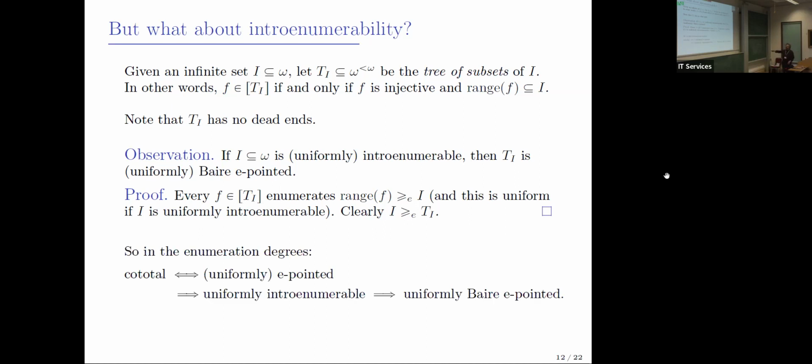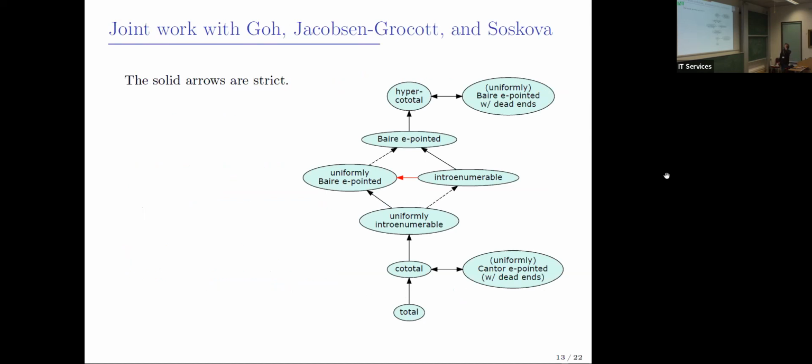So in the enumeration degrees, cototal is equivalent to uniformly e-pointed, which implies uniformly introenumerable, which implies uniformly Baire e-pointed. But we've made a big jump going from e-pointed in Cantor space to e-pointed in Baire space, because these implications are strict. And here's the diagram.